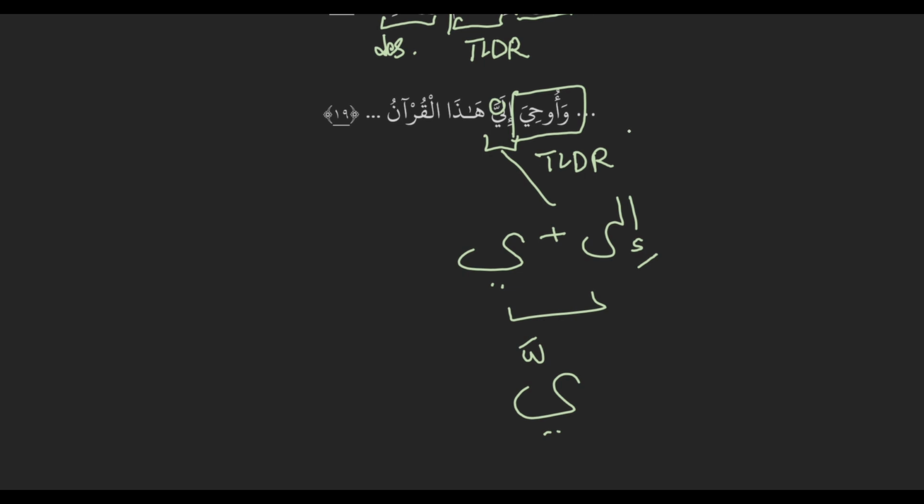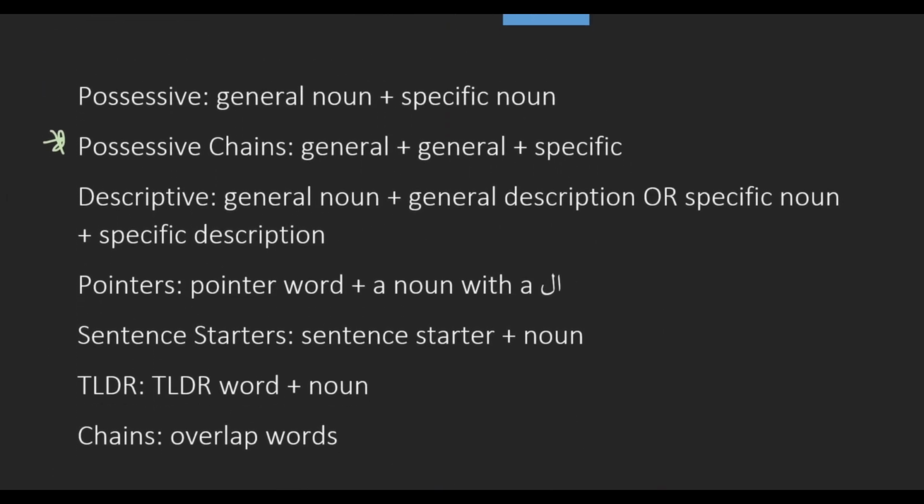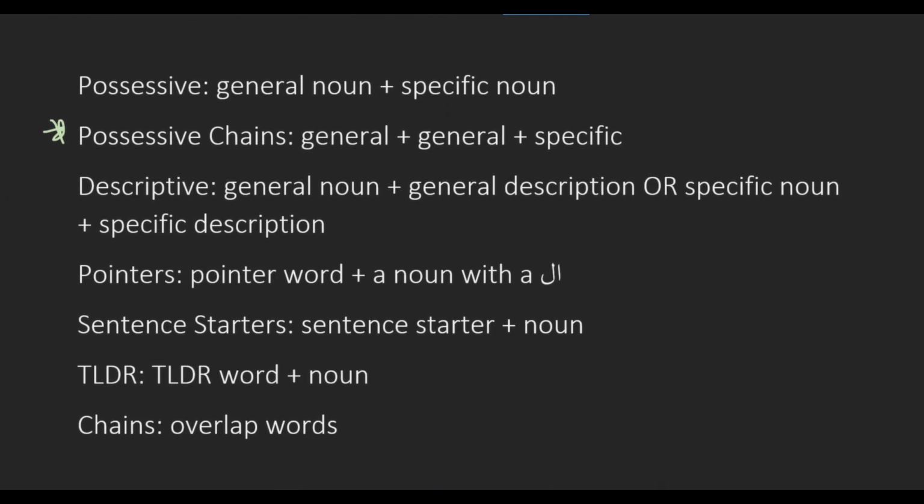So remember, it's not just general plus general or specific plus specific. It's specifically a general noun plus a general adjective or a specific noun plus a specific adjective. So specific noun plus specific noun doesn't fall under our list of things that make up fragments.